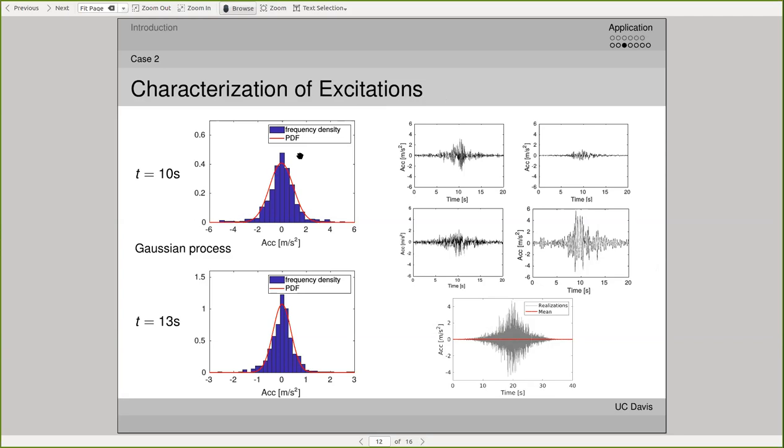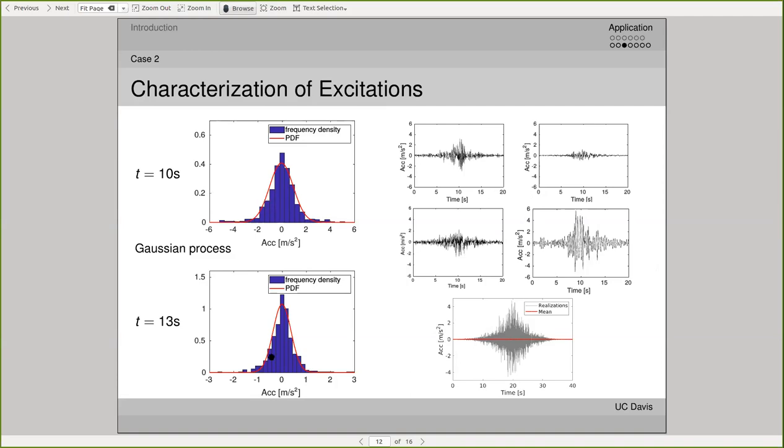Here we have done some statistical analysis of the marginal distribution of the motions. This is the frequency density of the accelerations at 10 seconds and 13 seconds. We also do a similar check for all the other time steps.